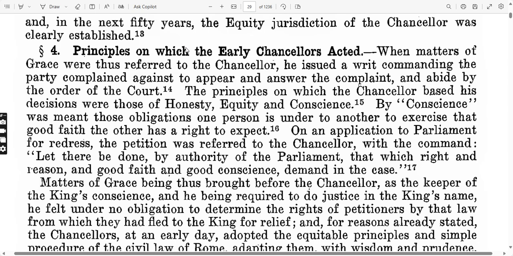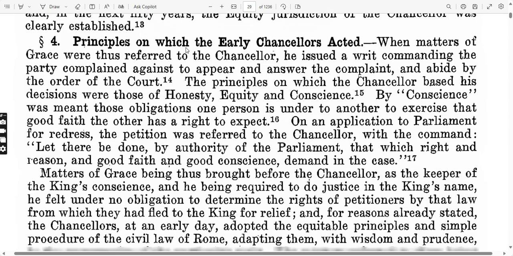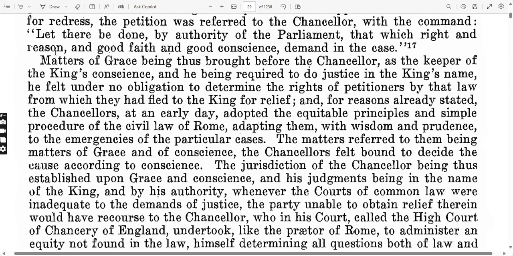On an application to Parliament for redress, the petition was referred to the chancellor with the command, "Let there be done, by authority of the Parliament, that which right and reason and good faith and good conscience demand in the case." Matters of grace being thus brought before the chancellor as the keeper of the king's conscience, and he being required to do justice in the king's name, he felt under no obligation to determine the rights of petitioners by that law of which they had fled to the king for relief.